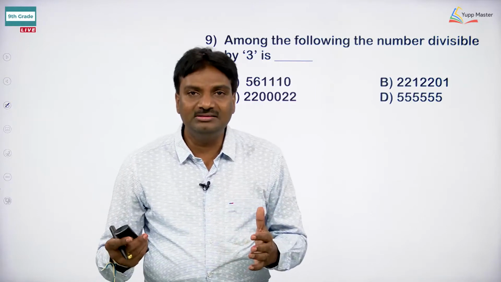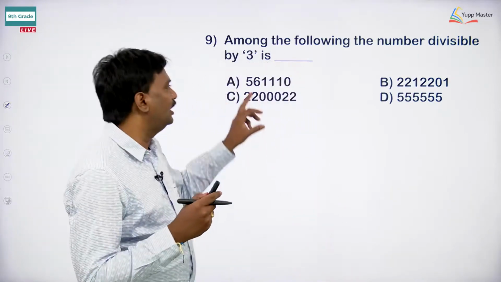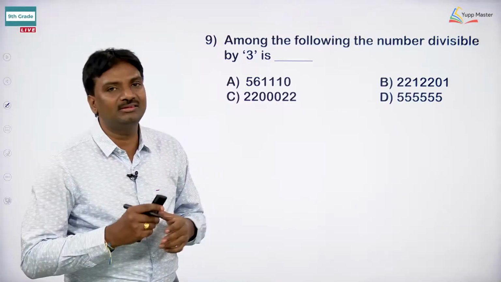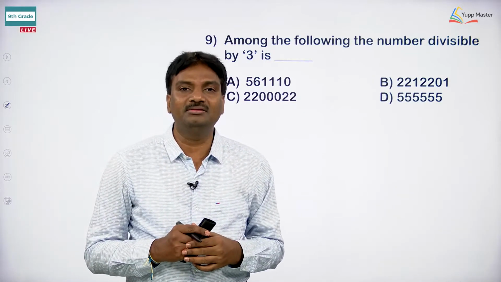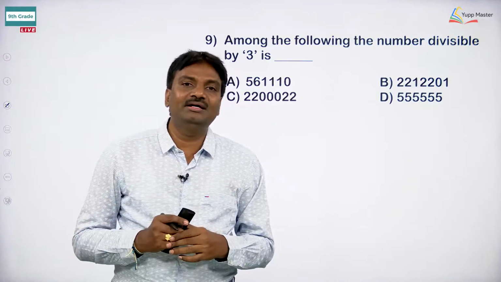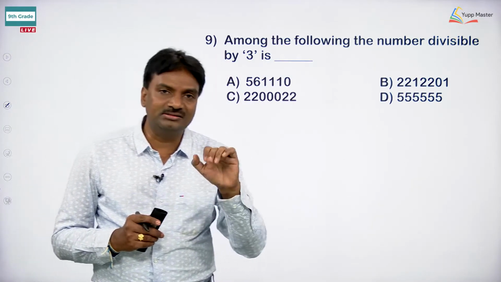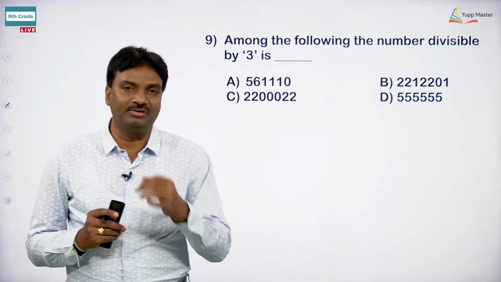Here the problem is: among the following, the number divisible by 3. Here we have to recap the divisibility rule of 3. The divisibility rule of 3 is just like the divisibility rule of 9.